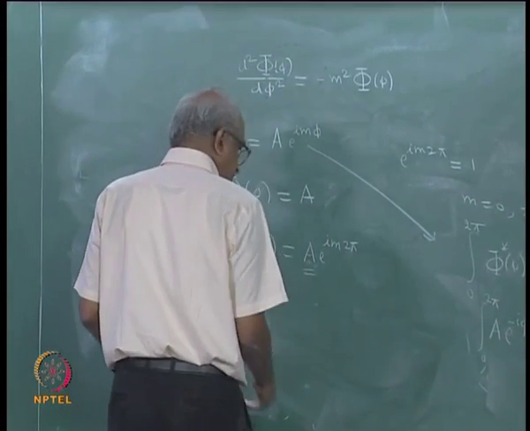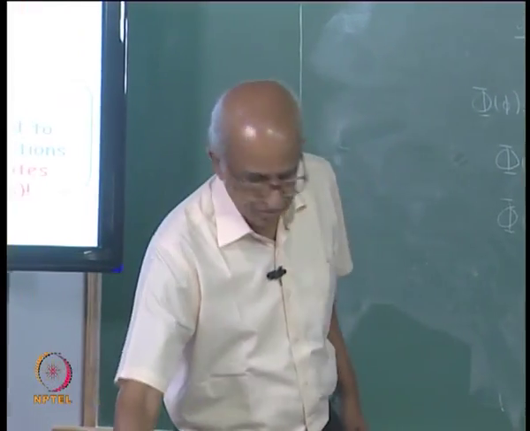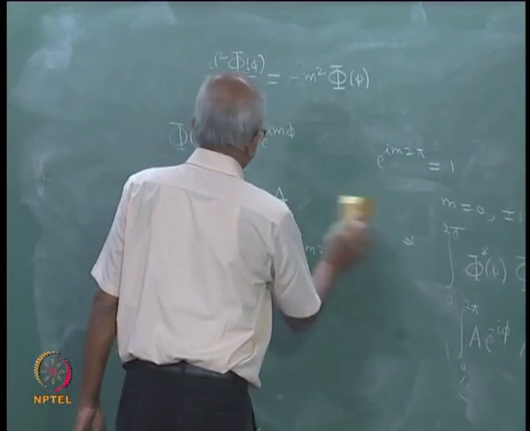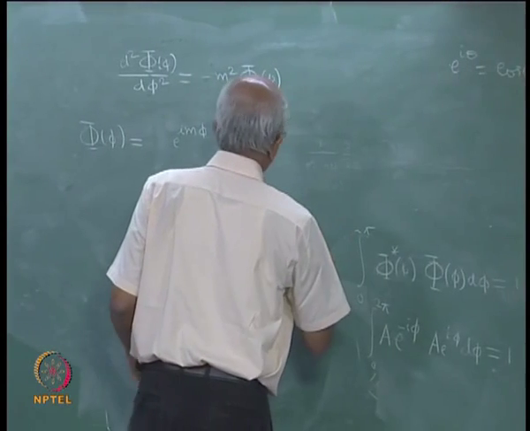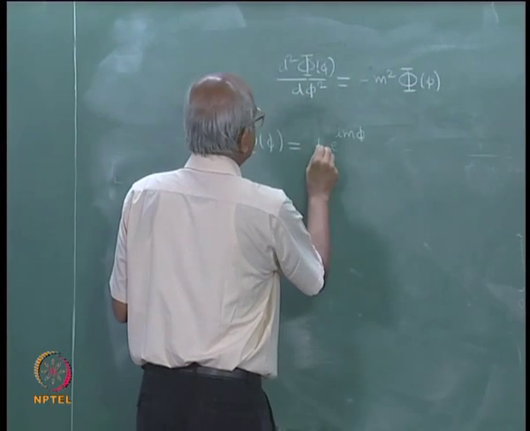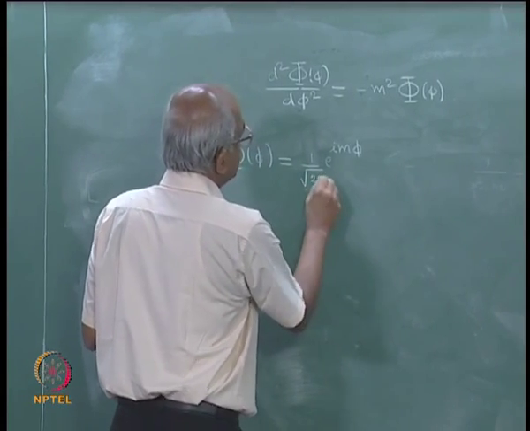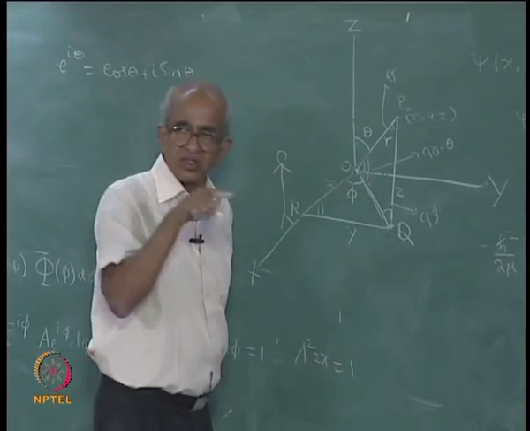So, therefore, we have found all the possible solutions of this equation. The solutions are of the form phi is equal to 1 by square root of 2 pi, correct? Because I find that A square into 2 pi is equal to 1, that means A is equal to 1 by square root of 2 pi.